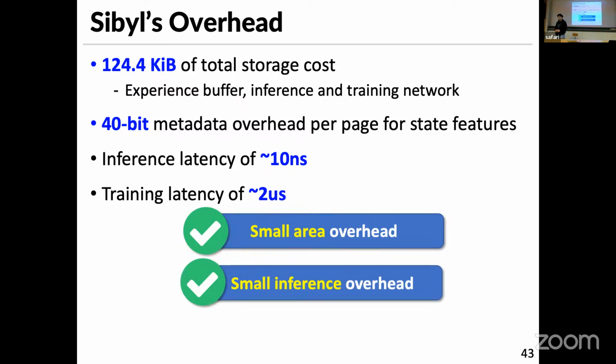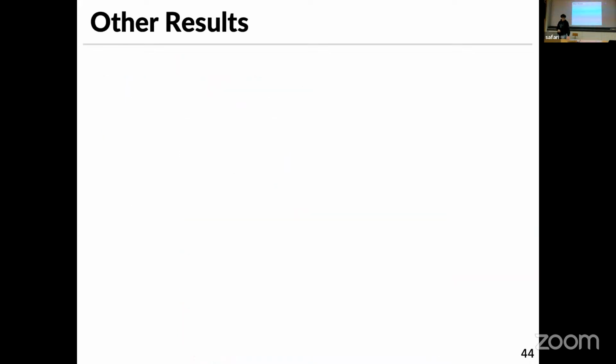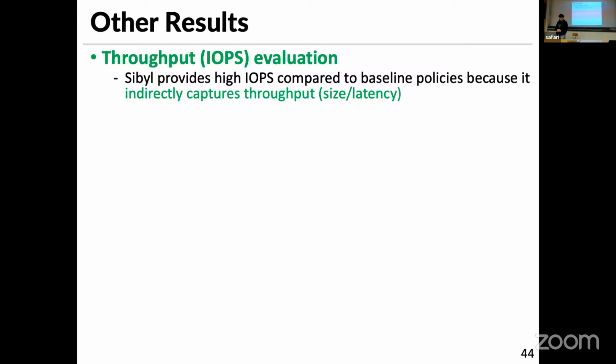It is multiple orders of magnitude lower than the latency of a fast SSD access, which all satisfies keeping the prediction latency as low as possible. So yes, as for other results that are also interesting, you have a very high throughput of IOPS.